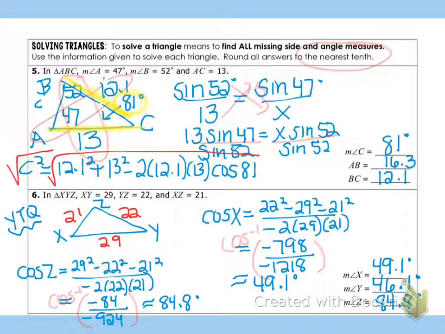But I found z second and then y. So occasionally, depending on the order, you might be off by a tenth or something, and I wouldn't worry too much about that when you're checking answers later on with the assignments. If you're in the ballpark, you're doing something right. Typically, if they told you an exact order to put them in, then you would have the same values. But because you get to choose what order you want to find them in, be a little forgiving of yourself if you're off a little bit.